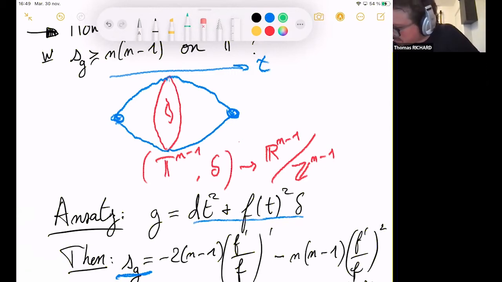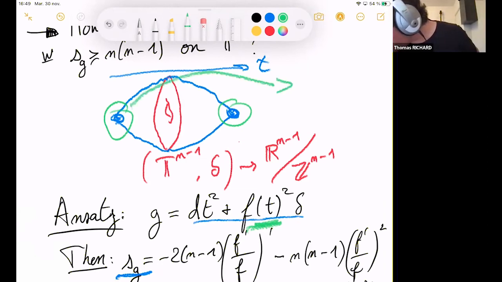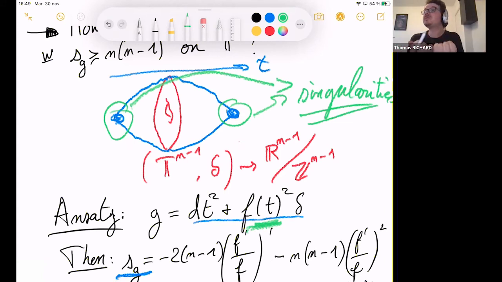And the problem here is that a Riemannian metric is a positive definite quadratic form. So if this goes to 0 at some point, then it's not a Riemannian metric anymore. So you have singularities, you have lost dimensions in some sense. So we won't be able to glue that back together to get a metric on the torus.